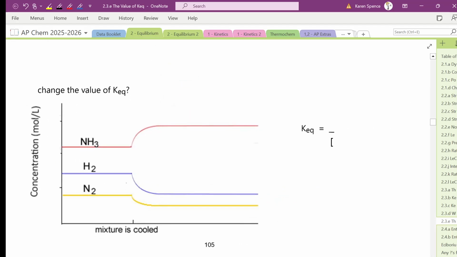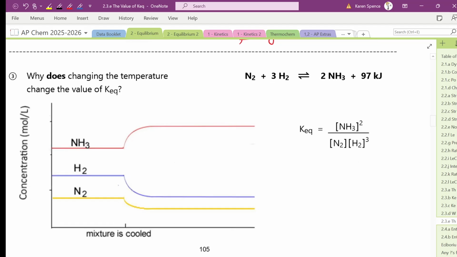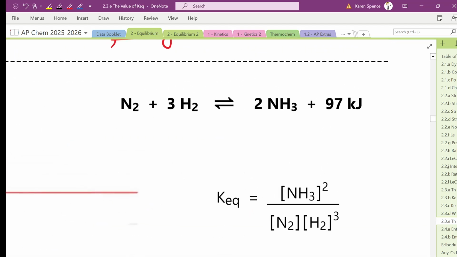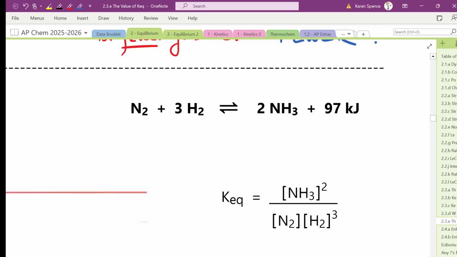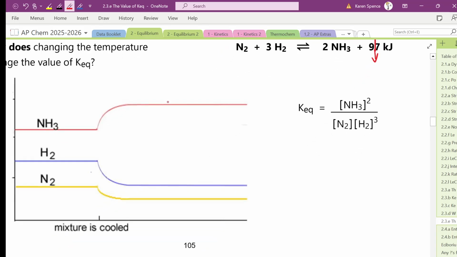So in this particular case, the mixture is cooled. If we cool this mixture, which direction will it shift? It will shift to the right, which means we're going to make products. We have more product, and we have less reactant than before.